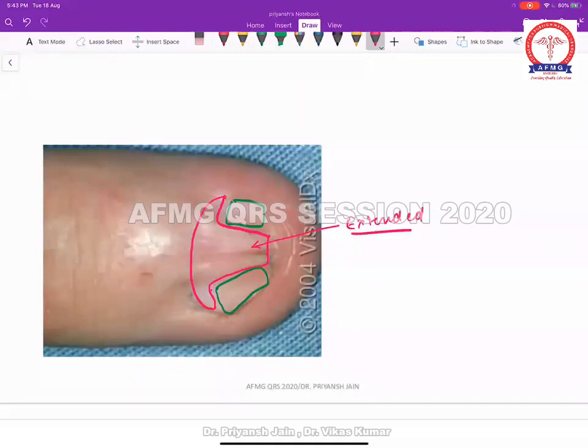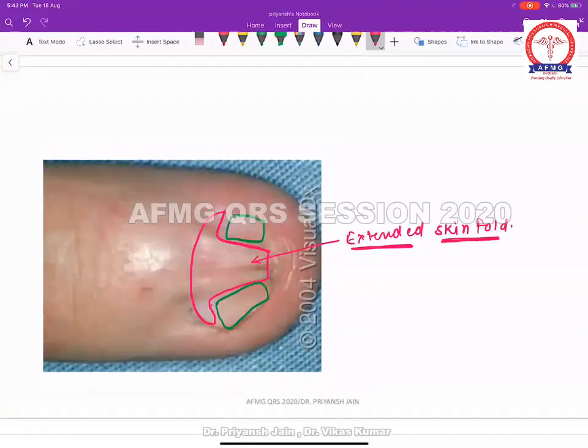It is an extended skin fold. This particular nail finding is called pterygium. This pterygium is seen in lichen planus.